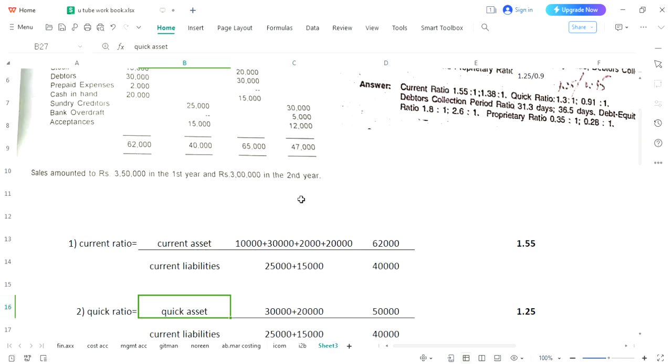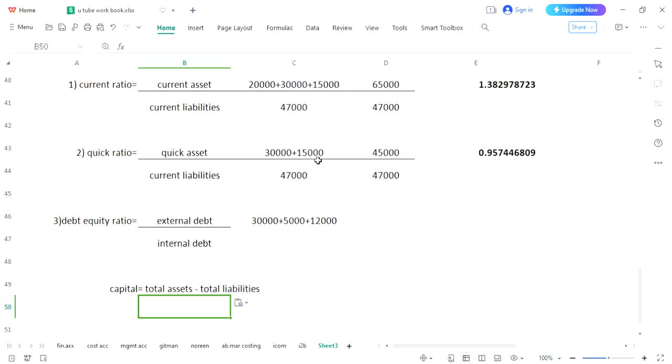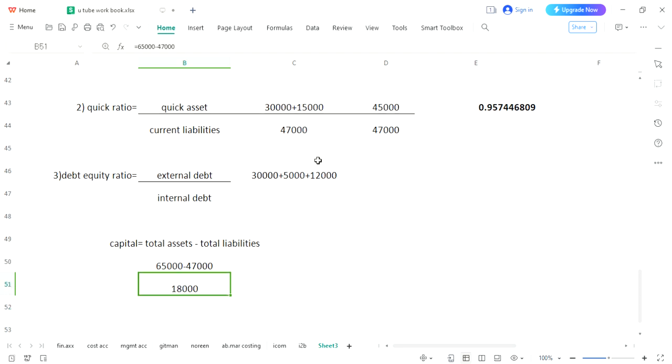Total assets for second year 65,000 and 47,000. In this way we can calculate our capital like we have calculated in the previous year.